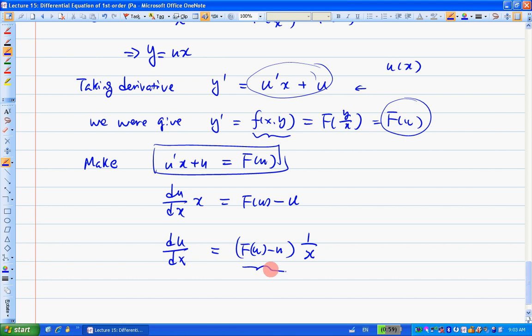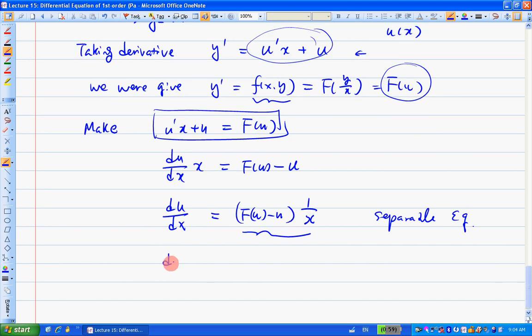Looking at this portion, what kind of equation do I have now? A separable equation, exactly, the first type. So separating variables, you get du over f(u) minus u equals 1 over x dx. Then integrate, based on the conditions.